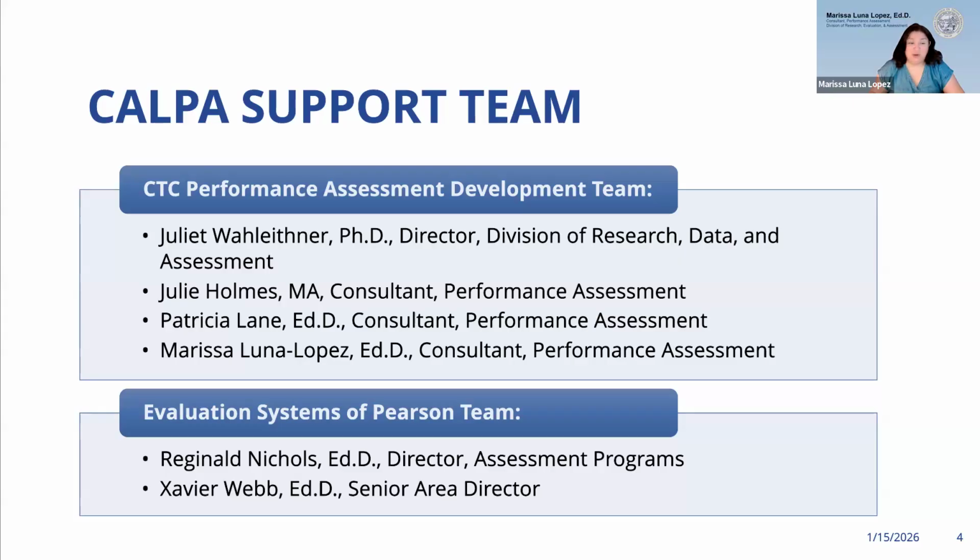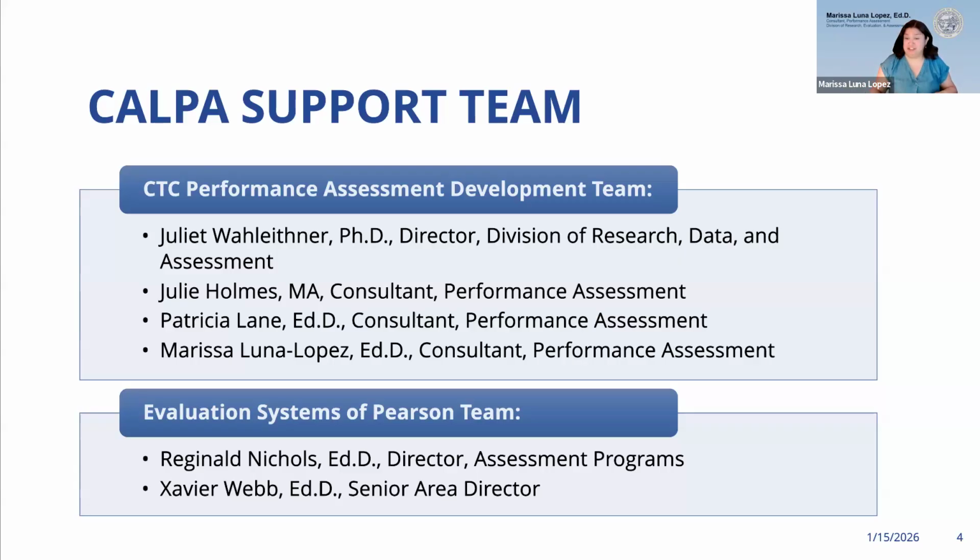All right. We also have our contractor, our Evaluation Systems of Pearson team. Some of you may be familiar with Dr. Reginald Nichols, or Reggie, as he is affectionately known by many. And then Dr. Xavier Webb, and he's a senior area director. So there are a lot of things that we do, right? Performance assessment guides, rubrics, developing templates, and then there are things that these folks do.